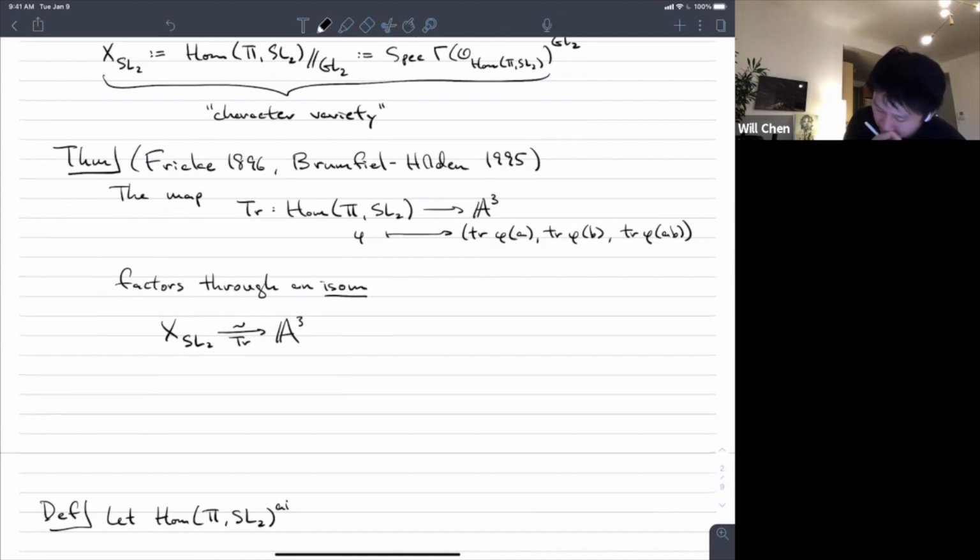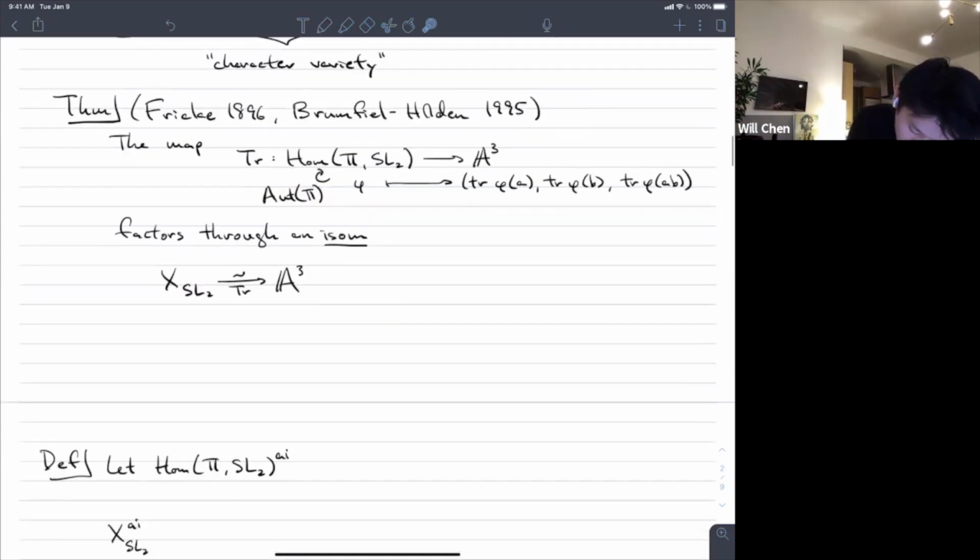But this character variety has yet another piece of information, and to explain that, it's best to introduce the following. Note that there's a natural action of Aut(pi) on this representation variety. You take a representation and you precompose by an automorphism, and you get another representation. This Aut(pi) action also descends to an action on the character variety.